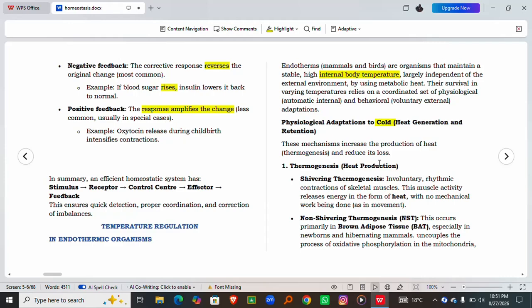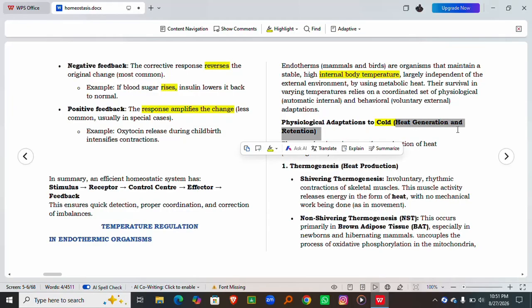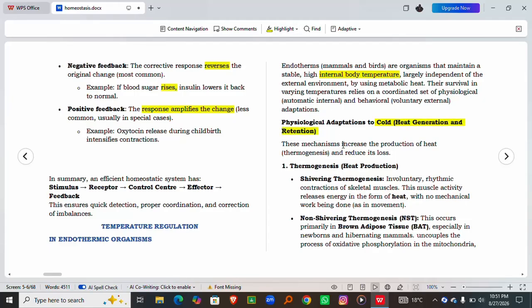The physiological mechanisms are aimed at heat generation and retention. Heat can be generated, but you may easily lose it. So once heat has been generated in the body, this heat must be maintained. The body tries to keep the temperature constant by ensuring that once the heat has been generated, it cannot be easily lost.